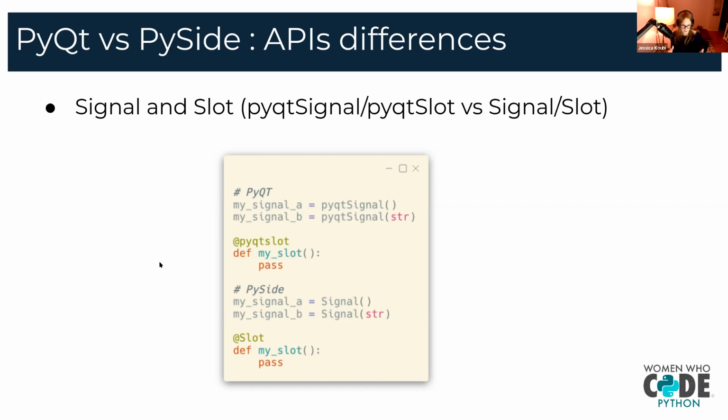That's going to be an event. And then you have your slot, which is what you can connect to your signal. As you can see, PyQt's signal is pyqtSignal, while PySide is Signal and Slot. So that's just something to remember.